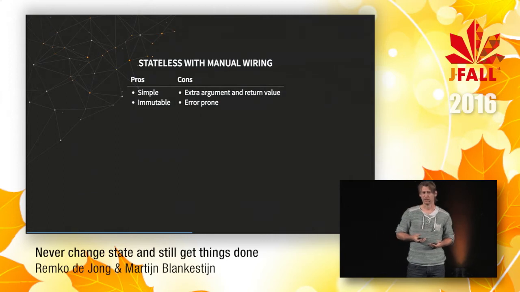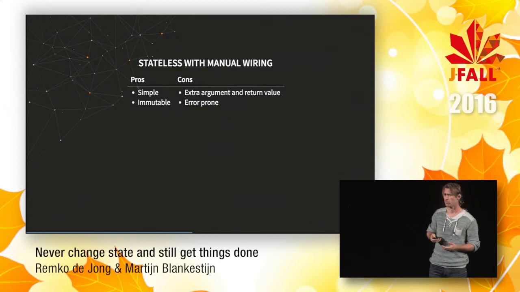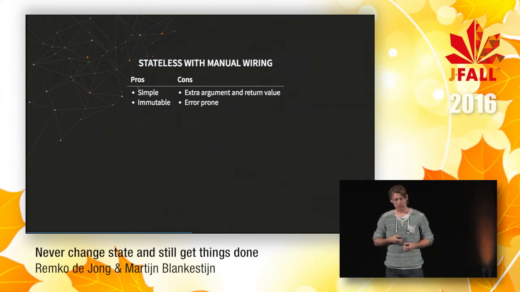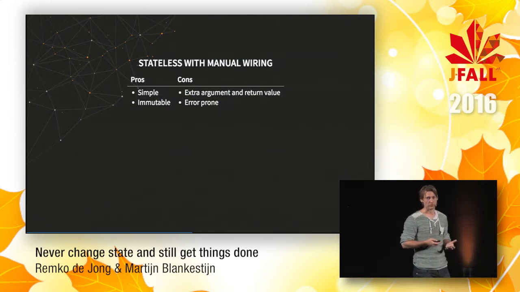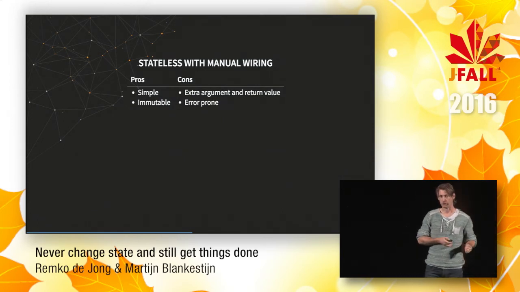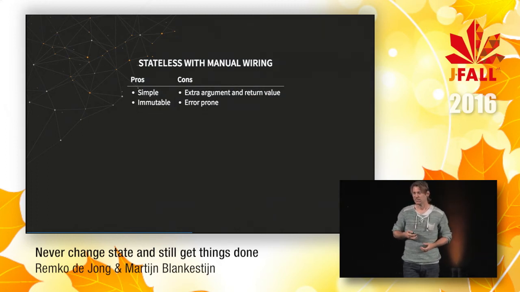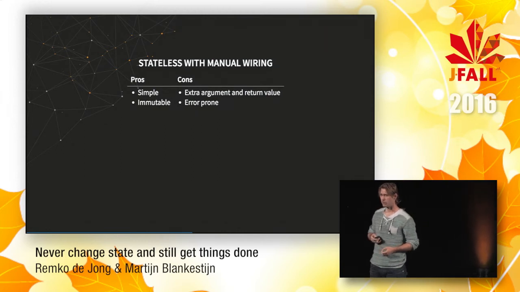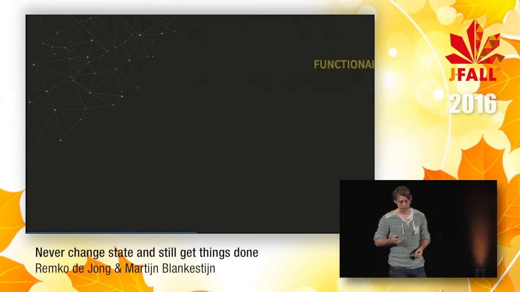We did have to add some extra arguments and an extra return value, so there's more boilerplate that we're passing around. It is immutable, which is what we want, for the reasons we've shown you before. The downside is that it is still quite error-prone, and with all that state you have to keep track of yourself, that's not a really fun thing to do.